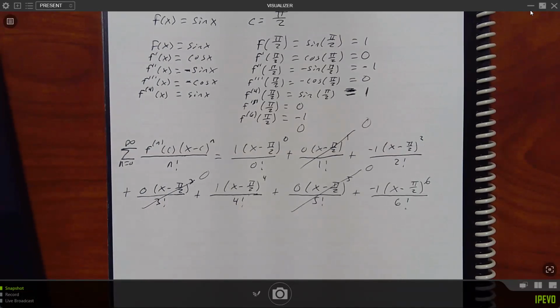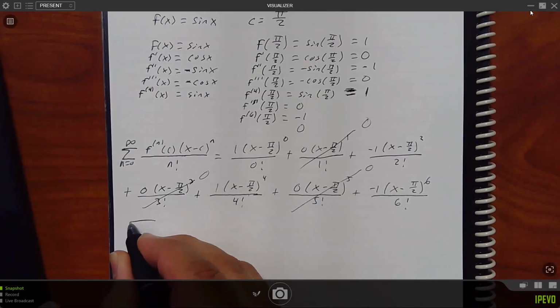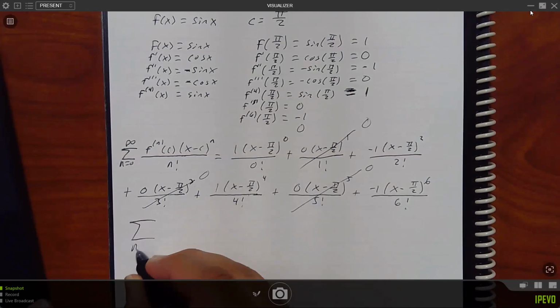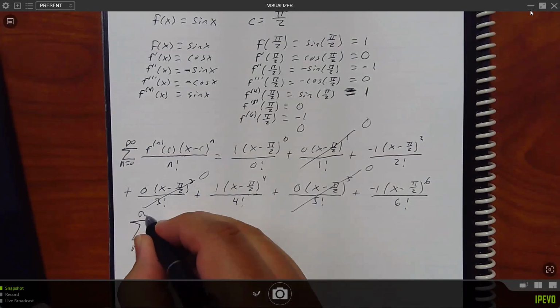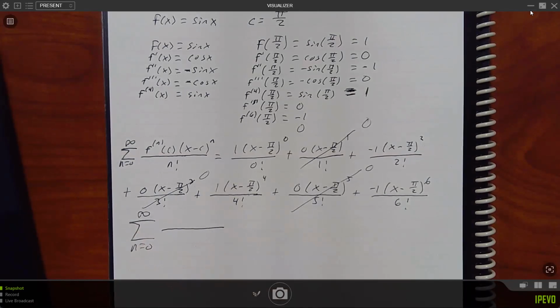So let's deal with the alternating signs first. Okay, so notice that we're keeping 2, 4, 6 factorial.